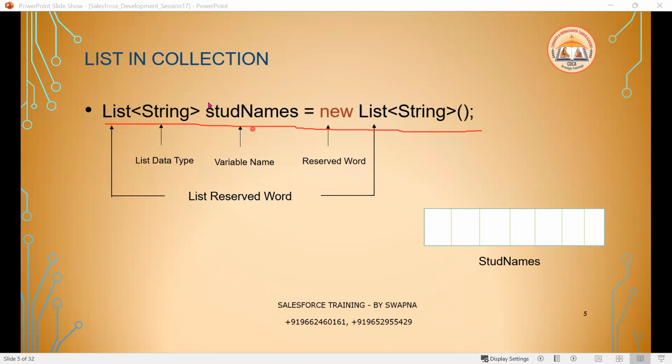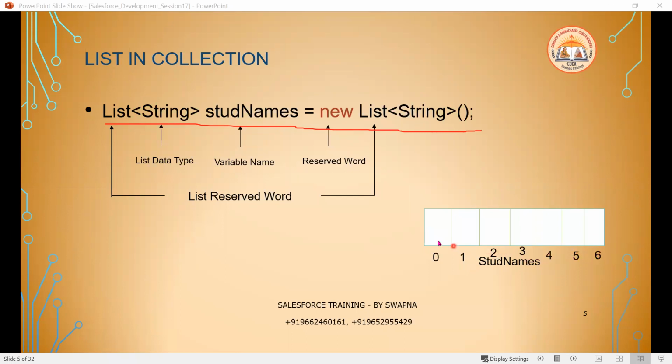As soon as I add studentName equal to Akash, it goes into the 0th index. It always starts with the 0th index. The next name, Ashrita, will be in the first index, and then Bhagyashri will be in the second index. And then we have a third index, fourth index, fifth index, sixth index.